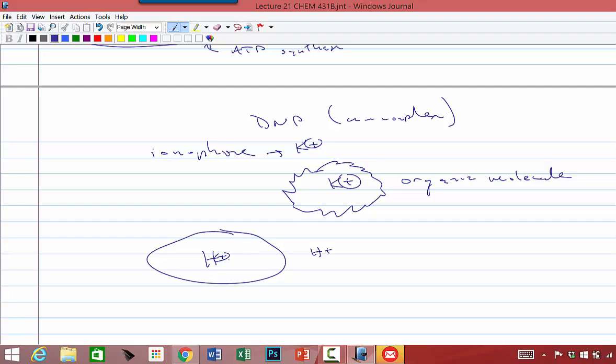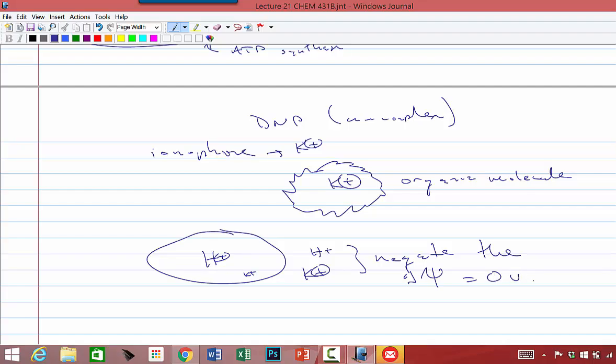And what would happen is that the potassium would end up being on the outside here, okay? So you get a lot of potassium on the outside, very little potassium on the inside, okay? And so this would basically negate the membrane potential, okay? So this delta membrane potential is going to be 0 volts, okay?